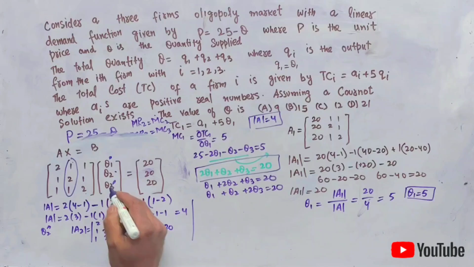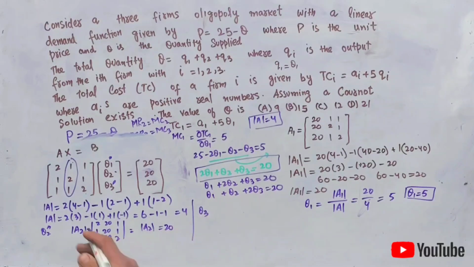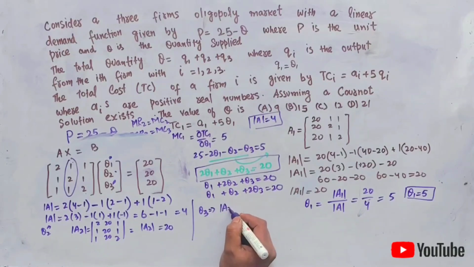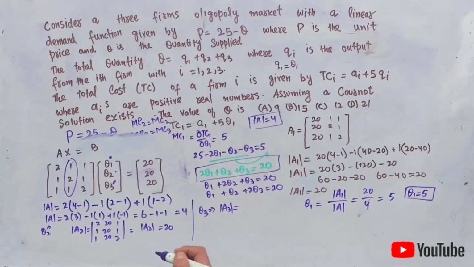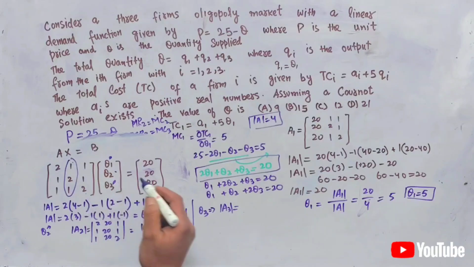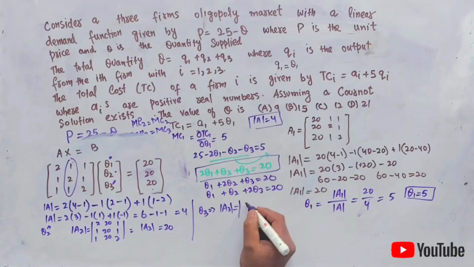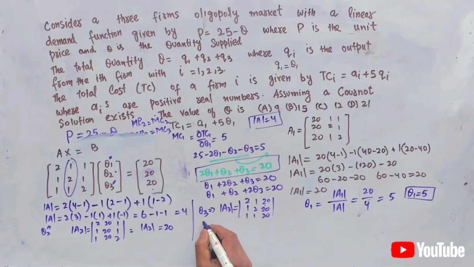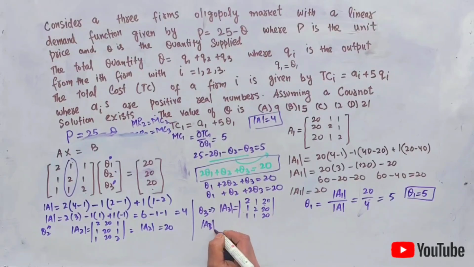Symmetrically, to find the value of Q3, you don't need to do it here. I will explain why. To find the value of Q3, we form a new matrix A3 by replacing the third column of the coefficient matrix with the vector of constant terms. So we have 2 1 1, 1 2 1, then 20 20 20. Its determinant will also come out to be 20.